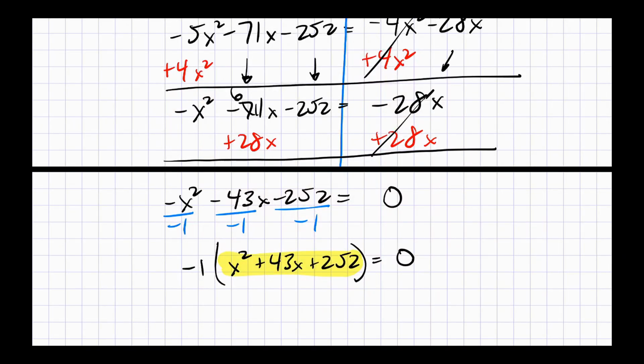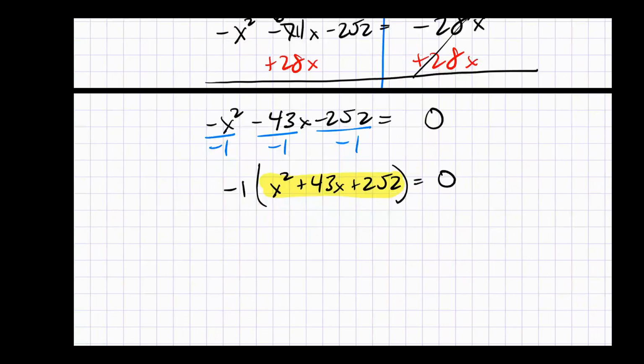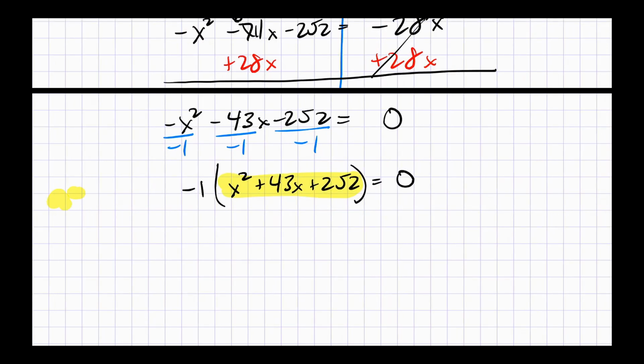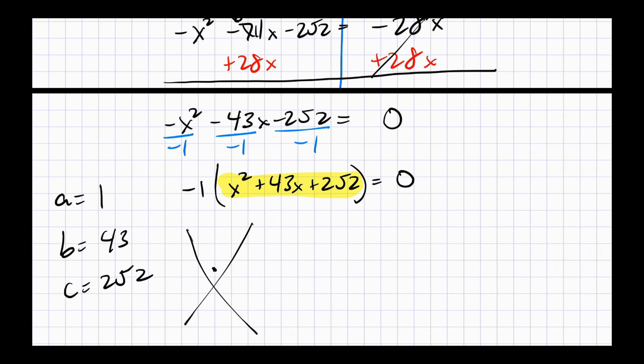Which one of those is going to give me what I want for this problem? A is 1, B is 43, C is 252. So I'm looking for the two numbers that multiply to be 252 and add to be 43. And that's going to be 7 and 36.